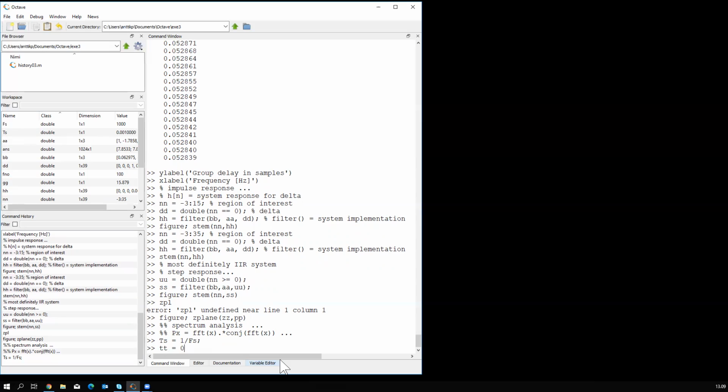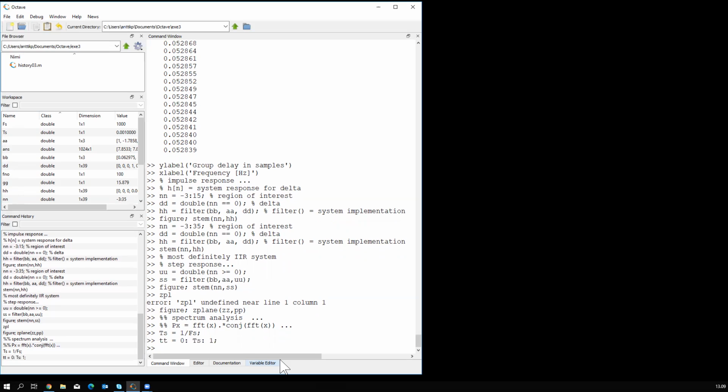I make the time vector to be actually 1 second long, so there are about 1000 samples, 1001 samples at that sampling rate.